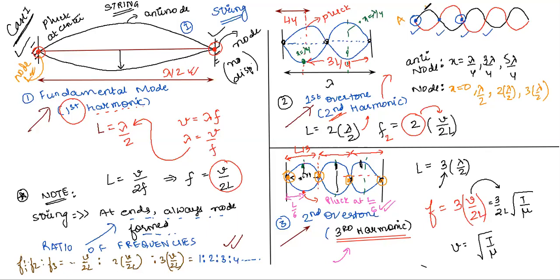Suppose I name these points as B, C, D, E, F, G, H, right? I want to start from A and go to the next node. Where is the next node? C. Okay. Now I want to start from A and go to a further node.